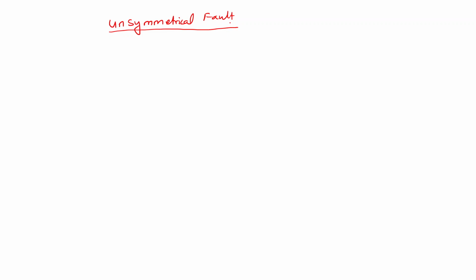In module 3 itself, we have discussed clearly what is symmetrical and what is unsymmetrical. An unsymmetrical fault will occur in a partial line, or line to ground, or line to line, or line to line and then ground. So a single line or two lines can get shorted, or line to ground.